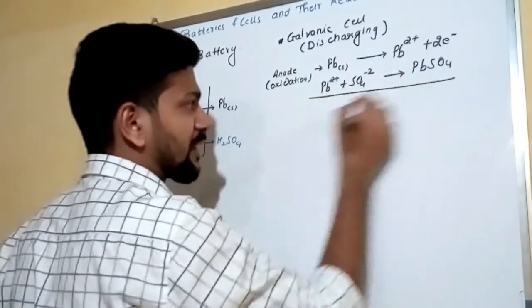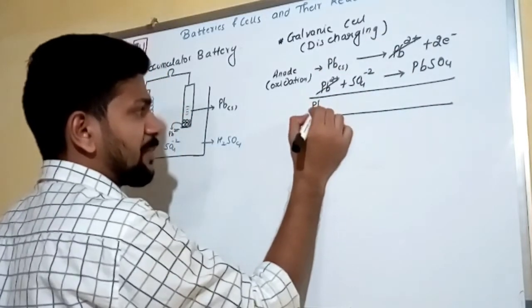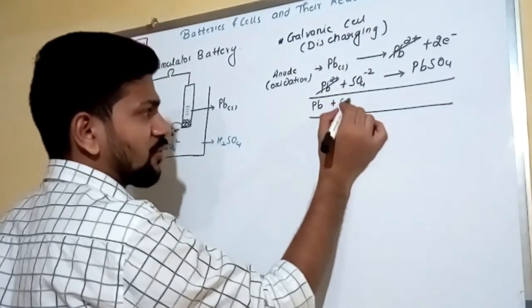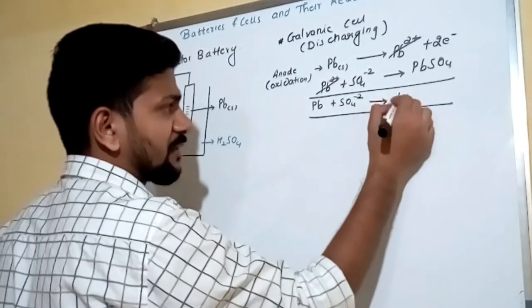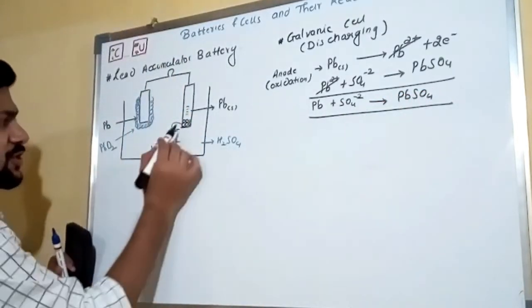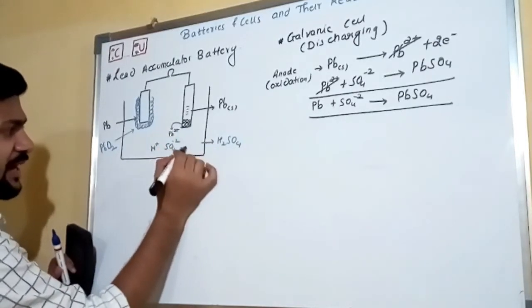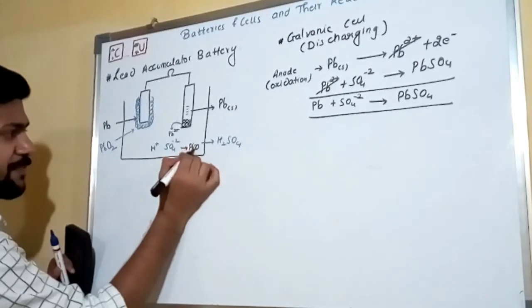So what will be the overall reaction? The overall reaction will be Pb plus SO4 minus 2 getting converted into PbSO4, with the electrons cancelled. Am I correct? Slowly this rod will be disappearing, since Pb is coming out in the solution and giving you PbSO4.